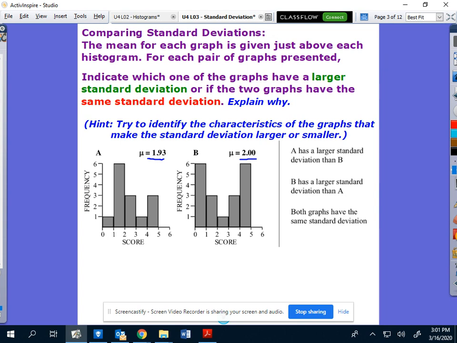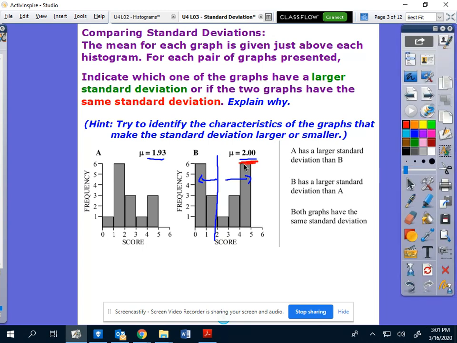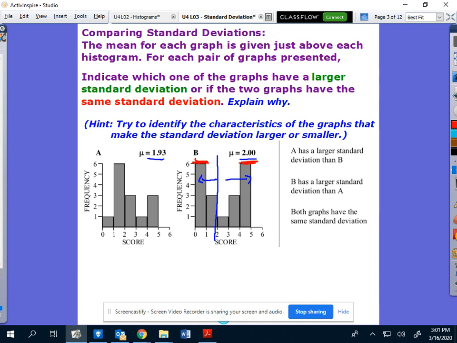So in this particular case, what I want you to look at is the fact that in the second graph, your mean is going to fall right here. Your mean is 2, right? So you'll notice that most of our data is further away from that mean. Our high frequencies are over here, much, much further away from the mean, as you compare that to our mean here, which is about 1.9.